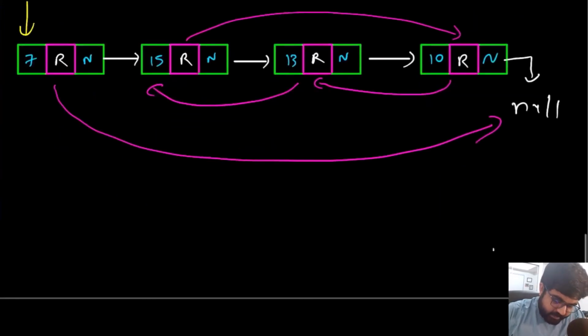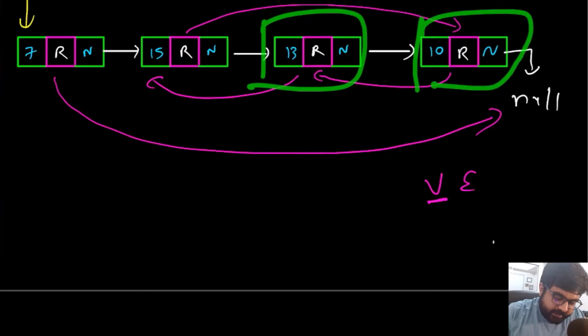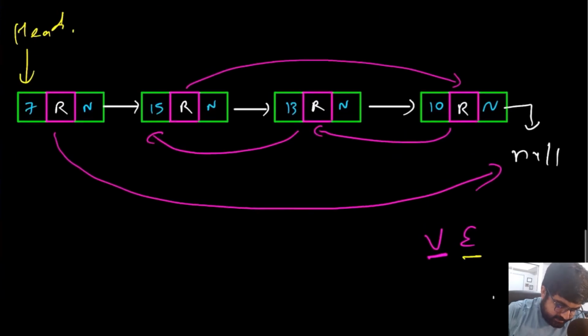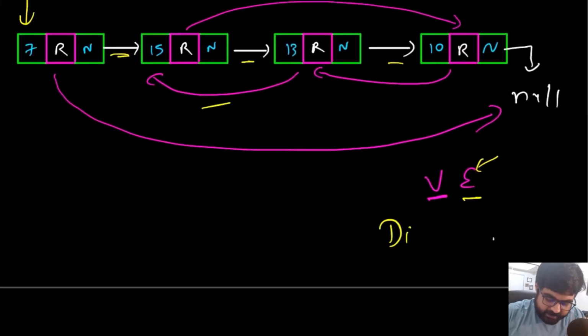Because remember, in a graph, the two most important items are vertices and edges. So for the vertices, we can consider these input nodes of the linked list as the vertices, and for the edges, we can consider the next edges, so the white edges and also these purple edges, to be considered as the edges. Now in this case, the edges are going to be directed and also unweighted.